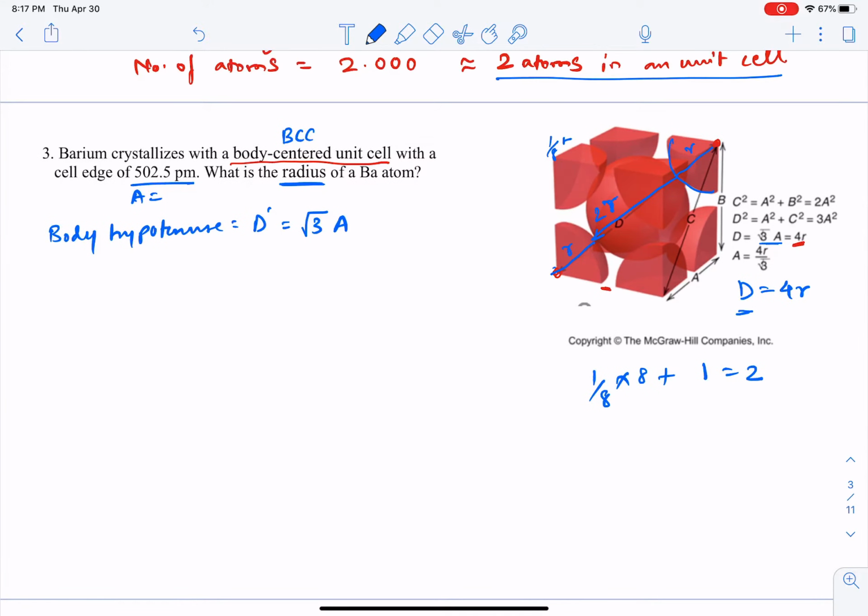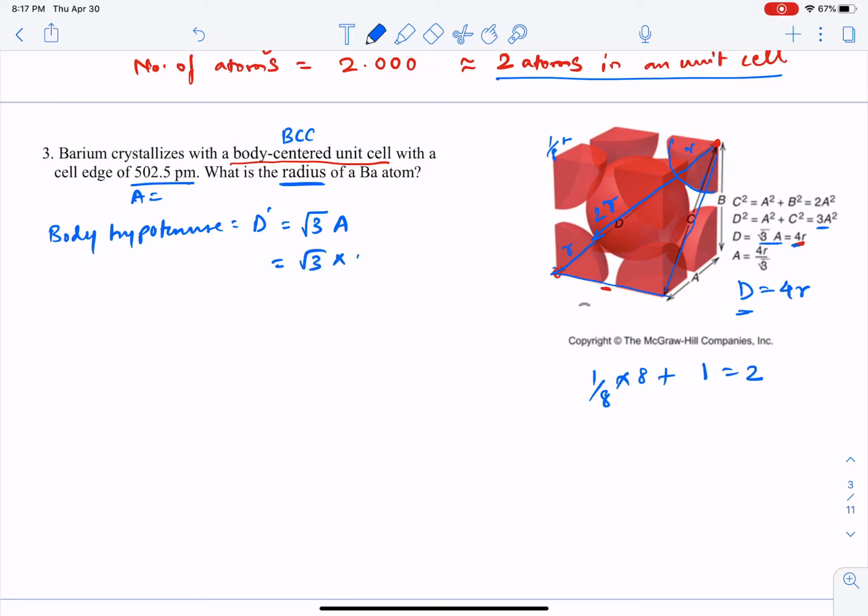Since c is the diagonal of the base and the two sides are both equal to a, c squared will become 2a squared. Then using c as one side and a as another side, you can calculate the body diagonal: c squared plus a squared will give you 3a squared, and that's how you get the relation. So you have D equal to root 3 a.